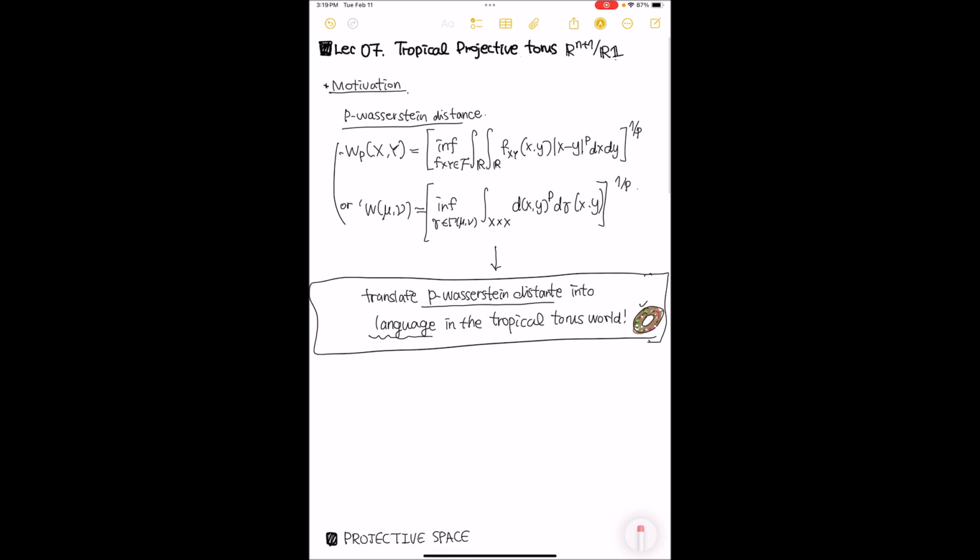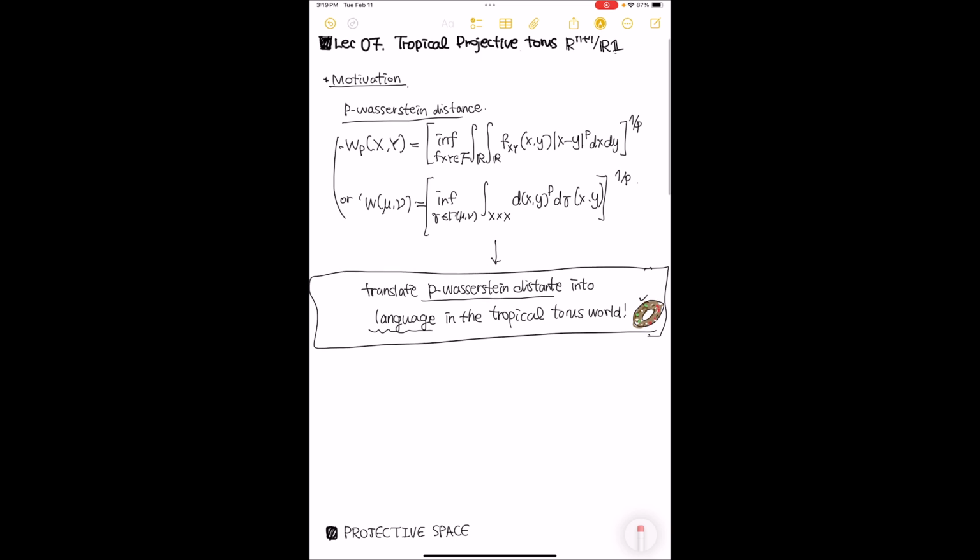But if you see the formula for the p-Wasserstein distance, it is so abstract. Nevertheless, some people call it the earth mover's distance, or optimal transportation. Why? If we look at this formula, it is quite difficult to catch why this is related to optimal transportation.